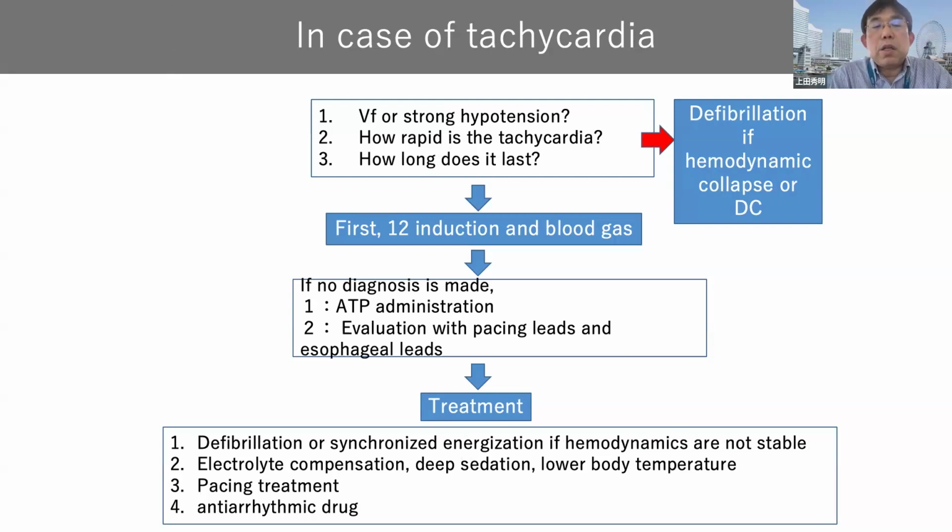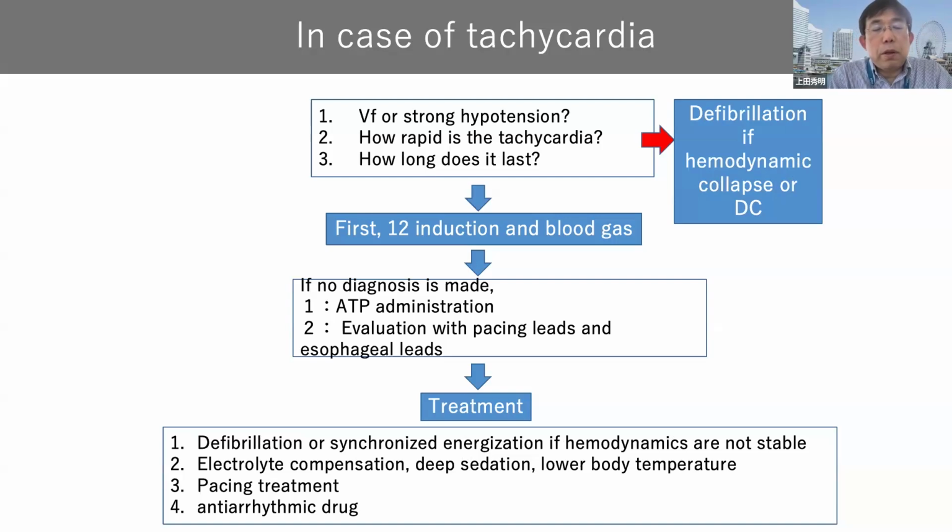If not, just do a 12-lead ECG. If no diagnosis is made, first of all, we should give ATP administration and then evaluate with pacing leads and esophageal leads if possible, and then go for the treatment.